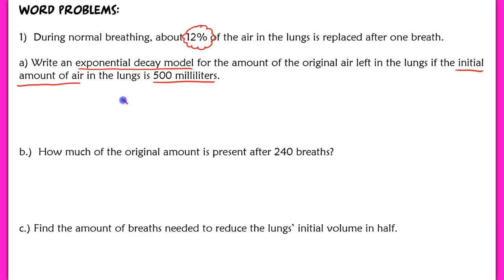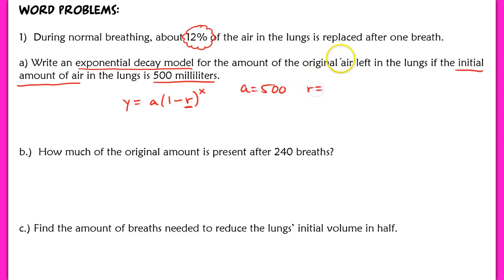So far, in our exponential decay model, we know that y is equal to a times 1 plus or minus, and in this case, I'm going to do 1 minus r. 1 minus r would mean that I'm taking away that amount, okay? 1 plus or minus r to the time period, which I'm going to call x for right now. So if we're going to just fill in what we've been given, our initial amount is 500.